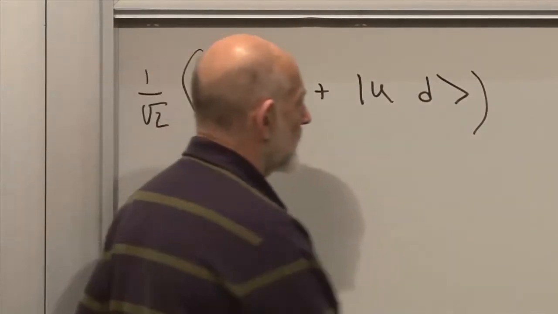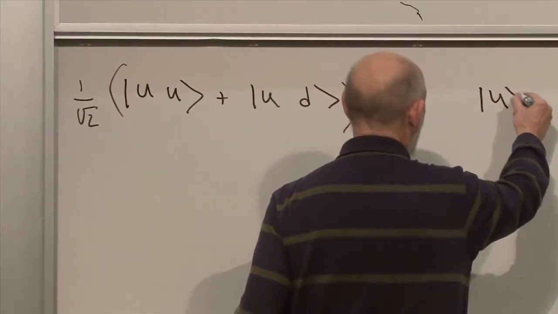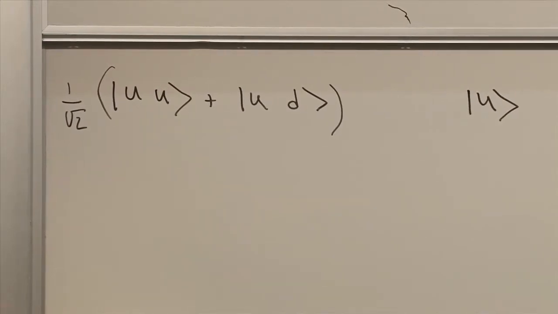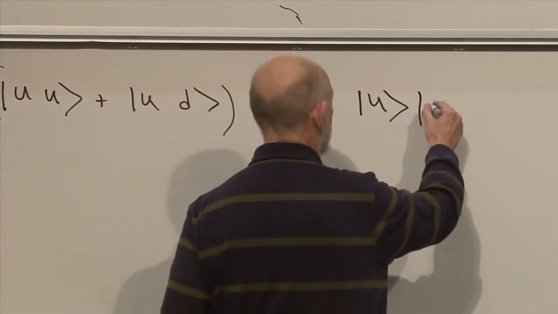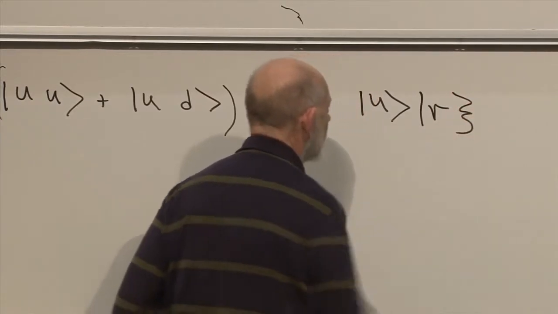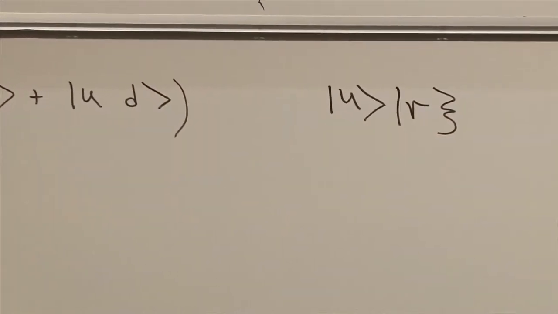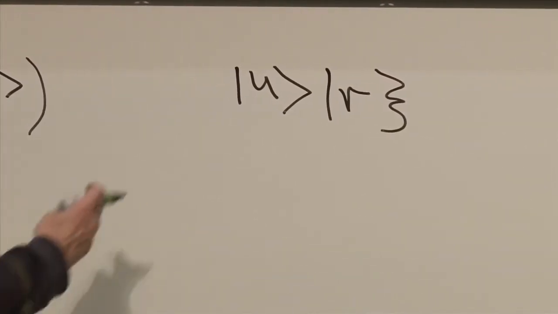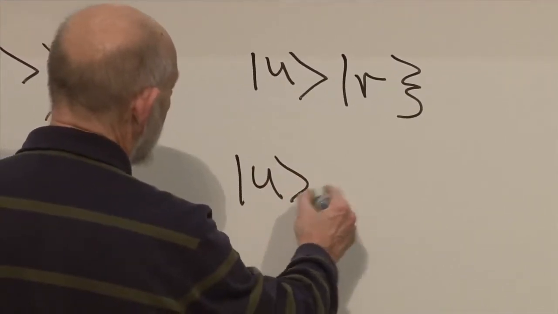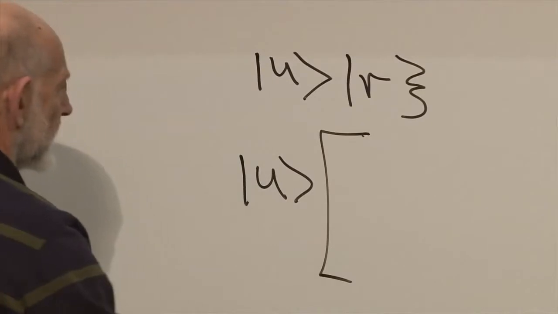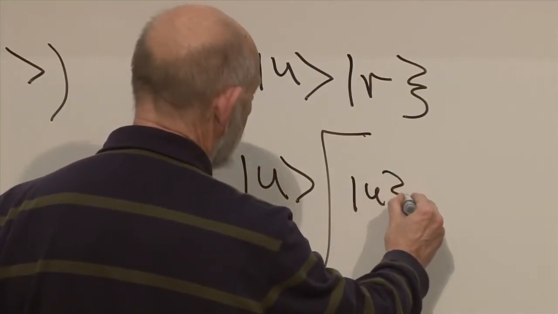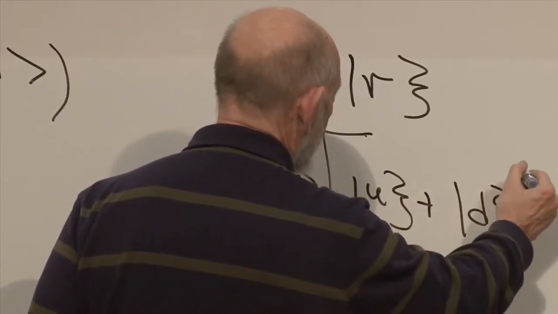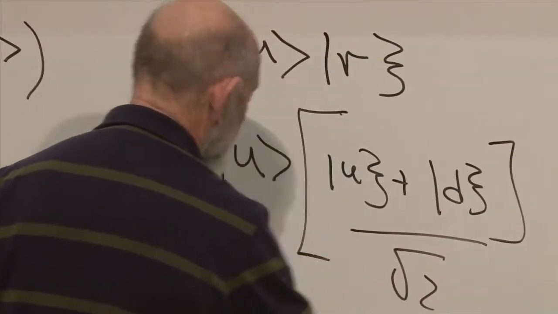Think of it as a product of up for sigma and right for tau. Now, what is right? Right is up plus down. So this can also be written as up times, and I'm going to put a big square bracket around it, up plus down. But if I want to normalize it, I should put a square root of 2 downstairs.